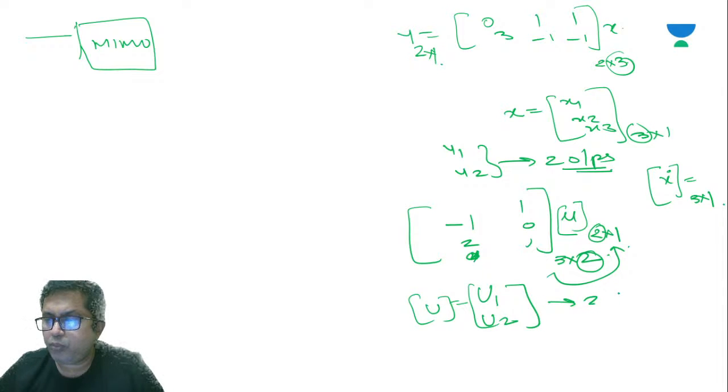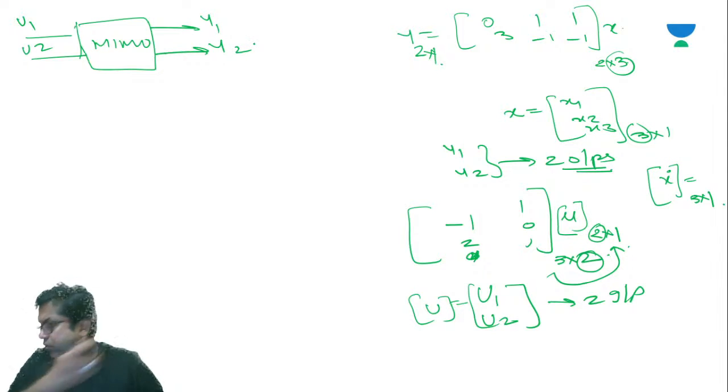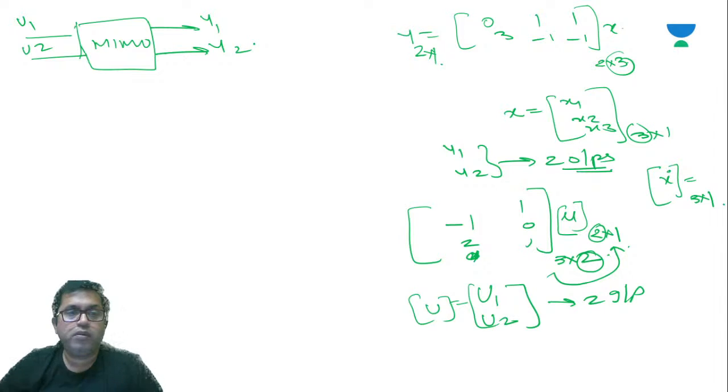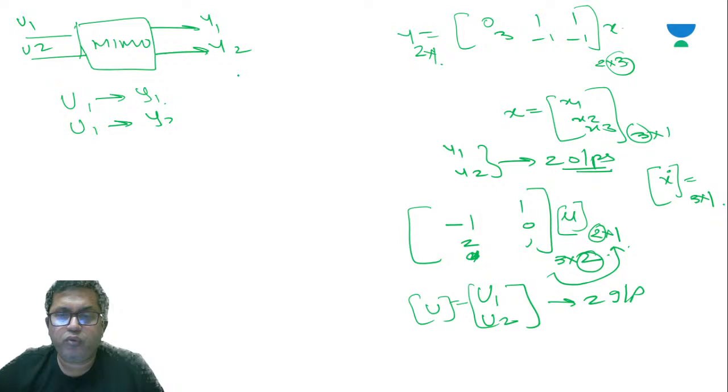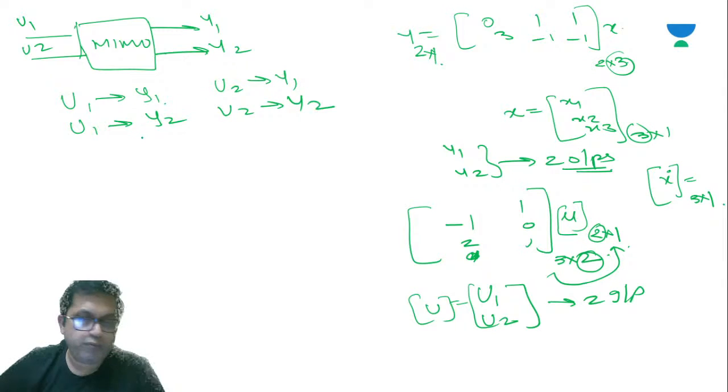So two inputs u1, u2 and two outputs y1 and y2. The combinations are u1 y1, u1 y2, u2 y1, u2 y2. So you get four responses.